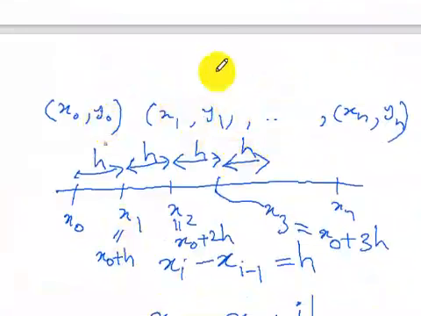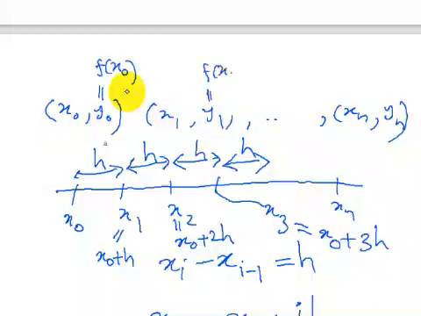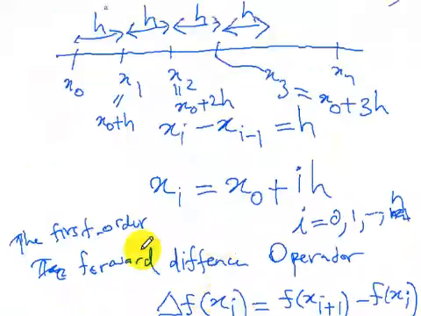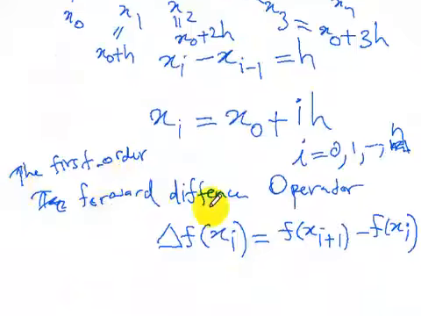I will write this one as f of x naught, and this one f of x1, and so on and so forth. Then I can define the first order forward difference operator as follows.